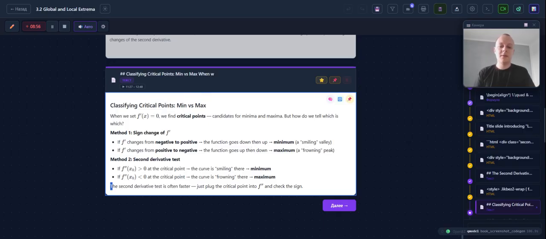Instead of plugging different values into points left and right of our extremum point, we can just plug a value into the second derivative at that particular extreme point, and we will get our sign, and we will understand if this point is maxima or minima.